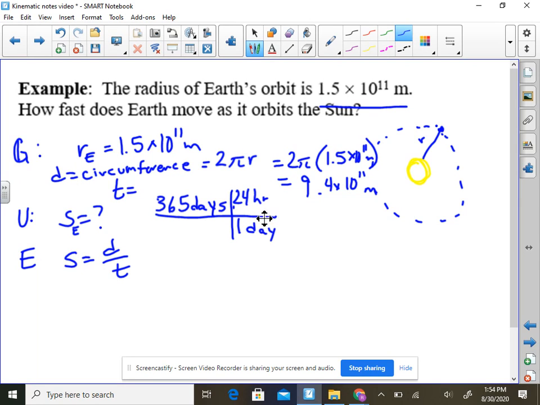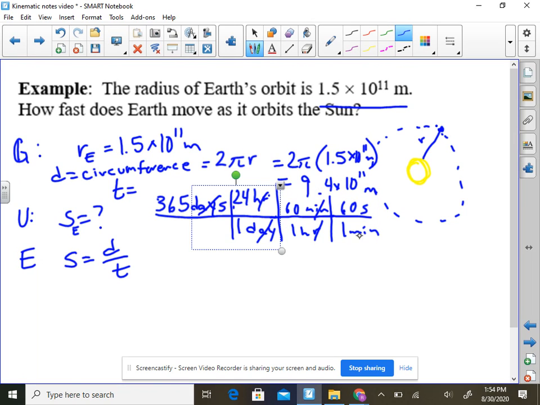And I know for every 1 hour, there are 60 minutes. And I know for every 1 minute, there are 60 seconds. I have converted days to seconds. So days cancel, hours cancel, minutes cancel, and I'm left with seconds.